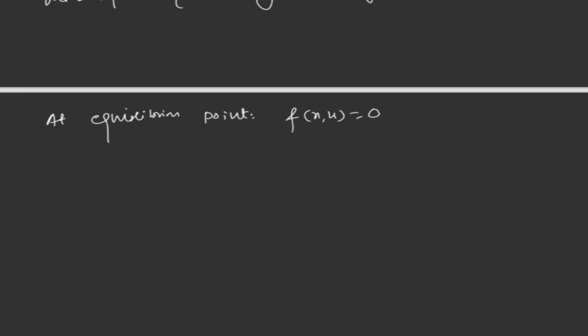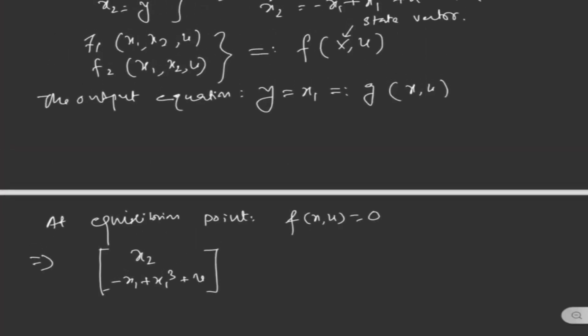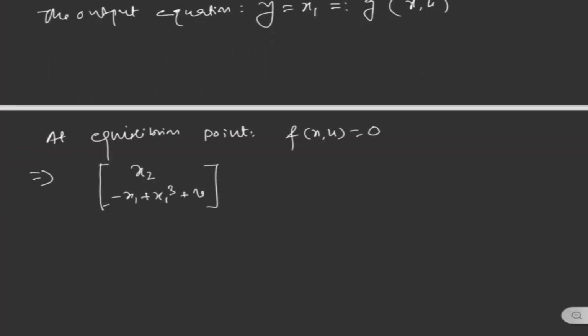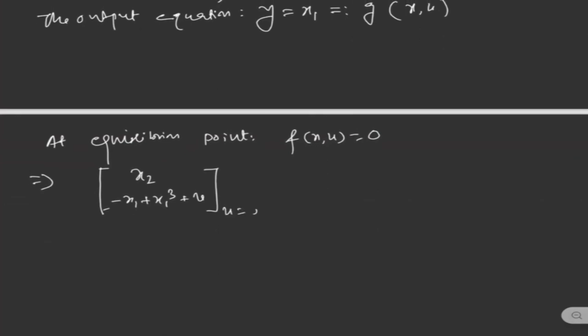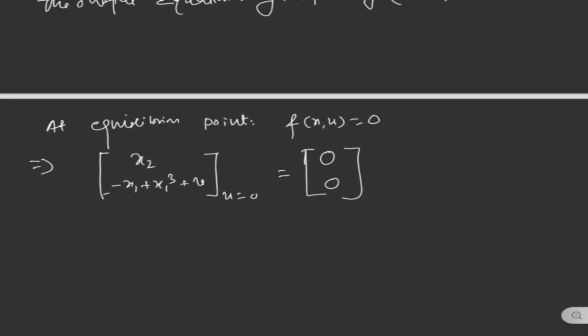So let's write: x2, and minus x1 plus x1 cube plus u. This is basically our f function. Now if you substitute u equal to 0, this equation should satisfy 0, 0. This is the condition.